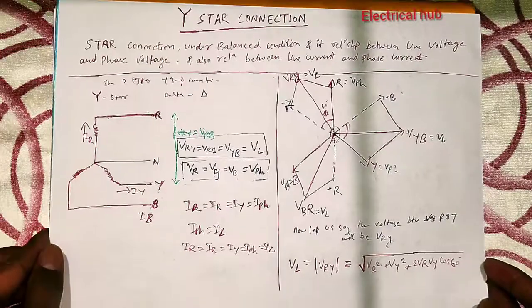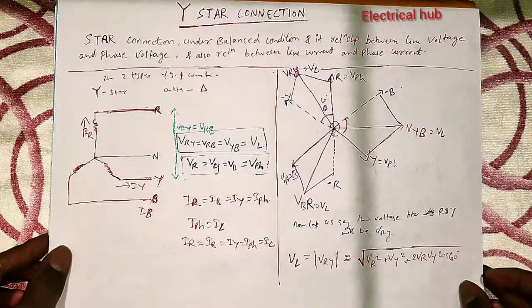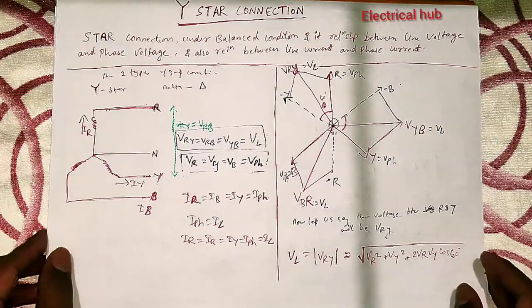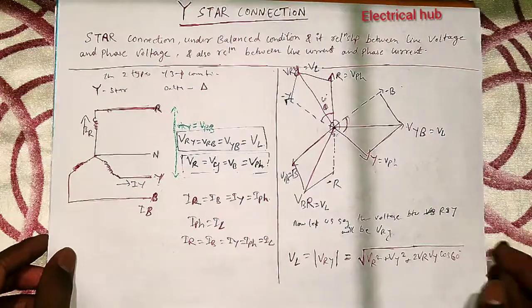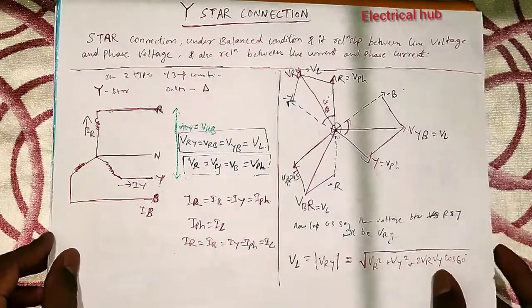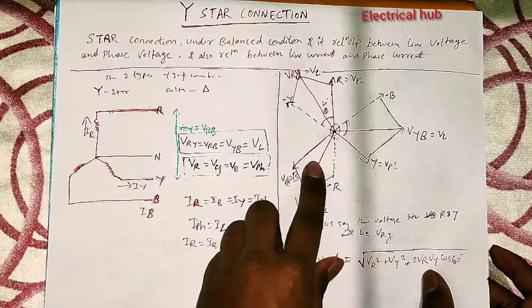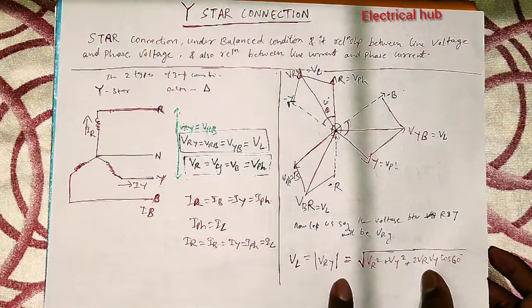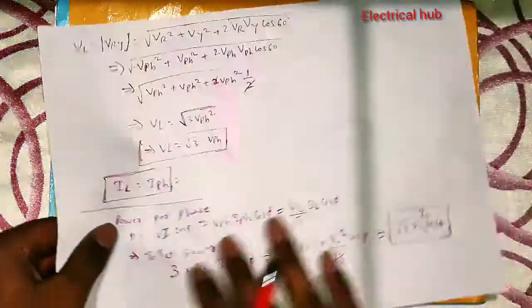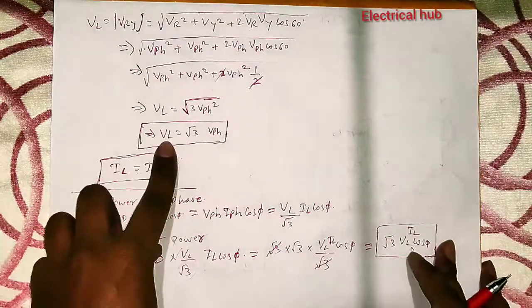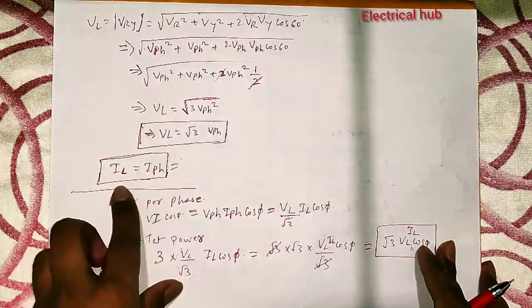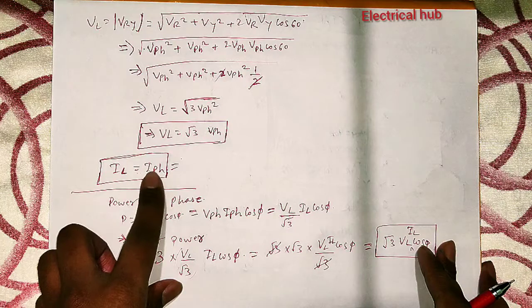So this is the basic. If this is asked for 7 marks, 8 marks or 10 marks in many universities, then you have to write this whole procedure with this diagram, with this phasor diagram, with the equation of VL at the start, and at last the equation VL equal to root 3 VPH, and the equation IL is equal to IPH.